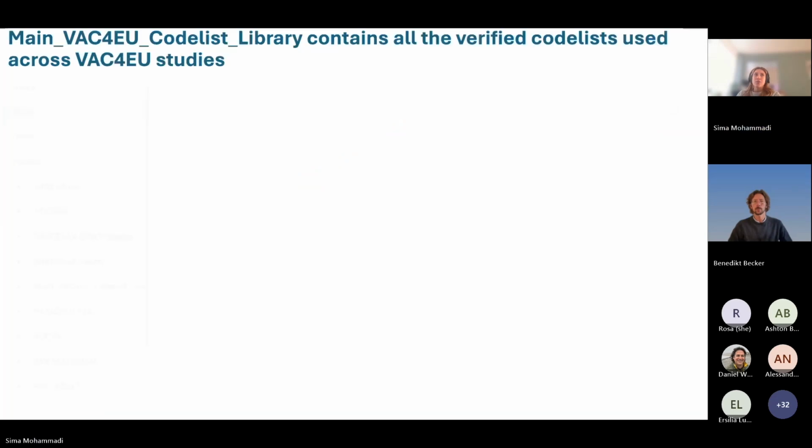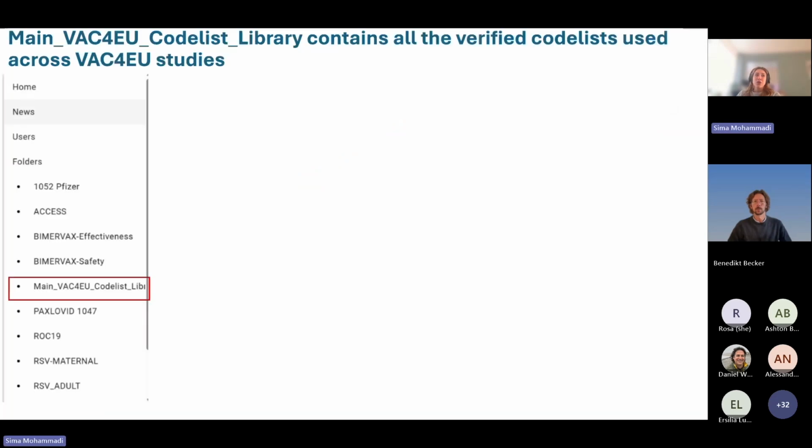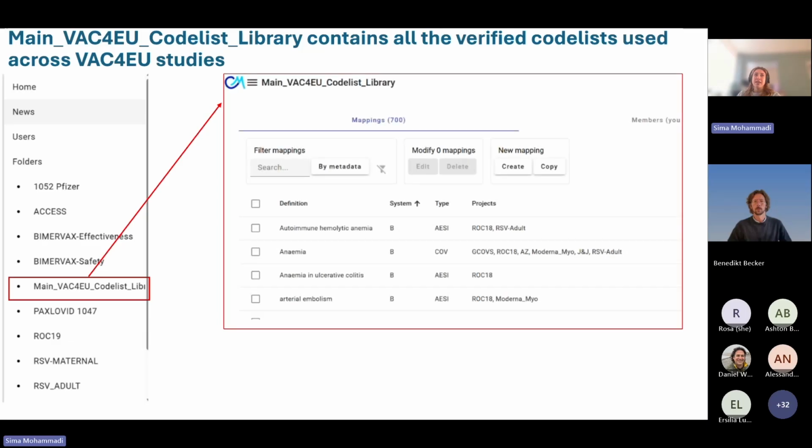As I explained, the main Becker EU library is the main library where we keep all the event and procedure code lists. You see the screenshot is from the main library, and you see that currently we have 700 code lists inside, including code lists that have been created recently and code lists that have been imported from SharePoint to here.